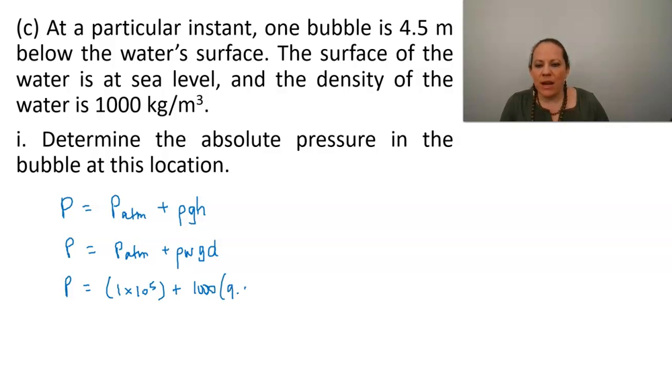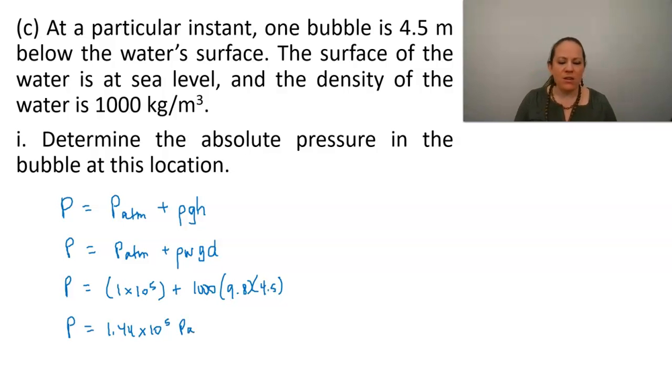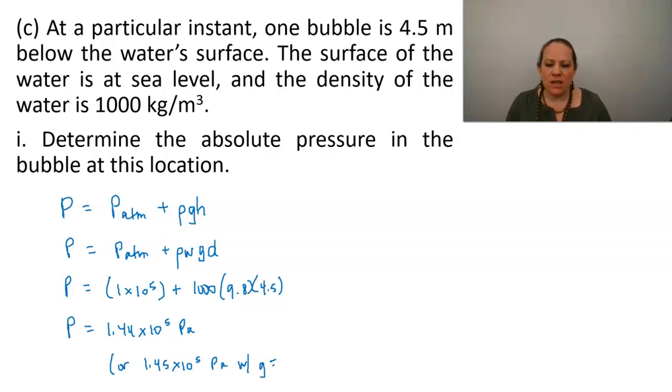You can use 9.8 or 10 for g, and then times d of 4.5, and we're going to get a pressure of 1.44 times 10 to the 5th pascals, or you'll get 1.45 times 10 to the 5th pascals using g equals 10 meters per second squared.